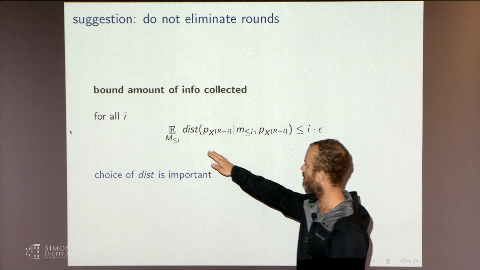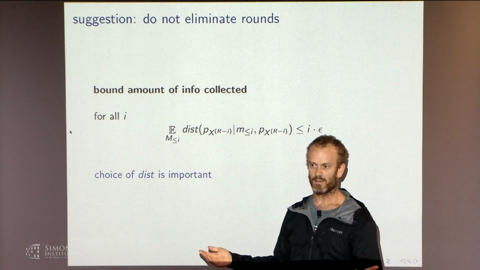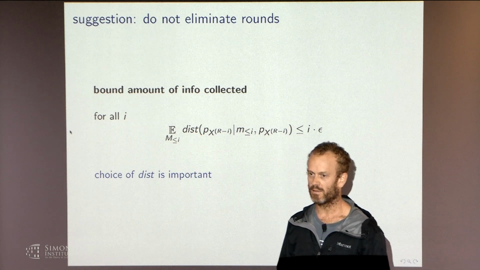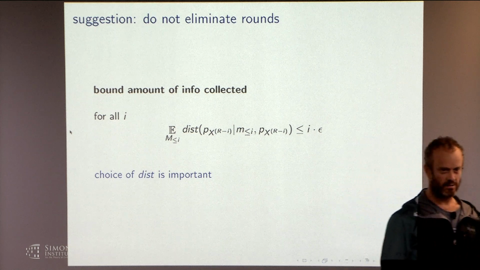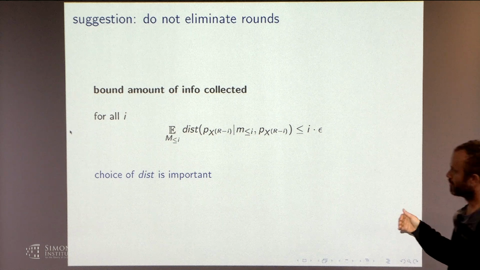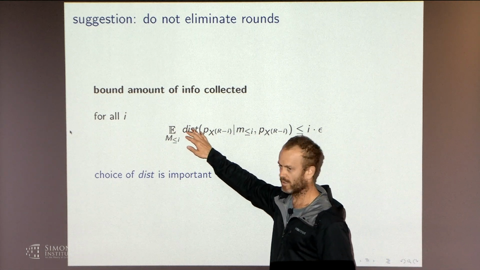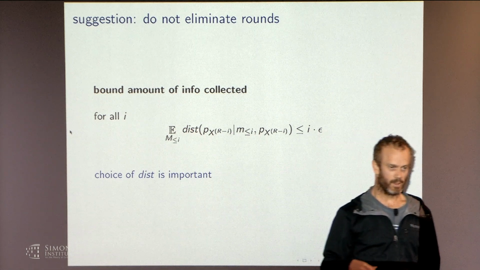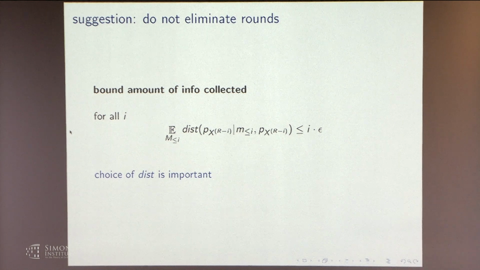But here we can write whatever we want, and there are many distances, and some of them are better than statistical distance. So the next thing I want to talk about is what type of distances we can use, and maybe one specific distance, which is called triangular discrimination. So this is it about round elimination. Not a lot of details.